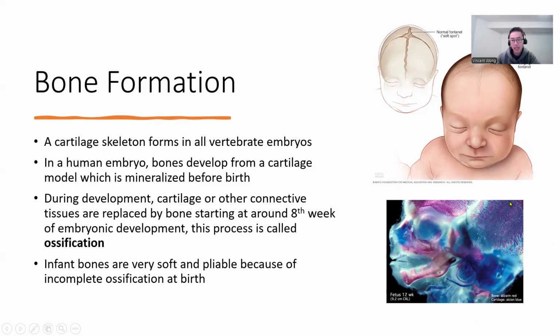At the beginning, it's all cartilage, but slowly, as the baby develops, calcium will be deposited into the cartilage, slowly replacing it. This process is called ossification, and it begins pretty early in embryonic development, about 8 weeks of pregnancy.